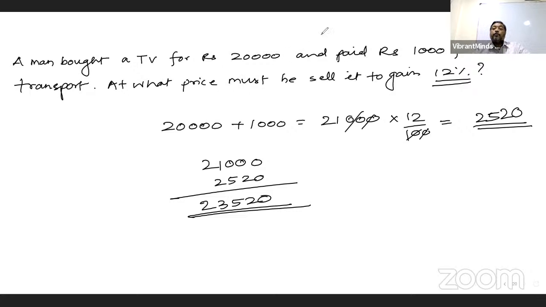Let's take another question, and that is, the selling price of an article is twice the cost price.